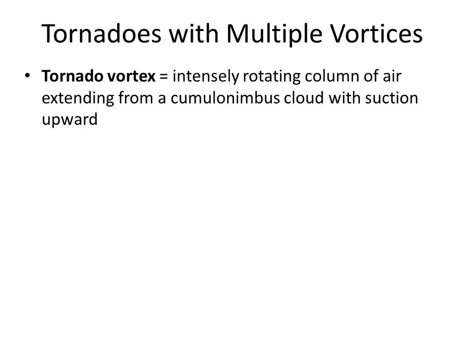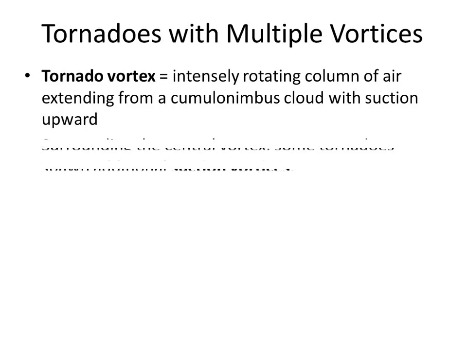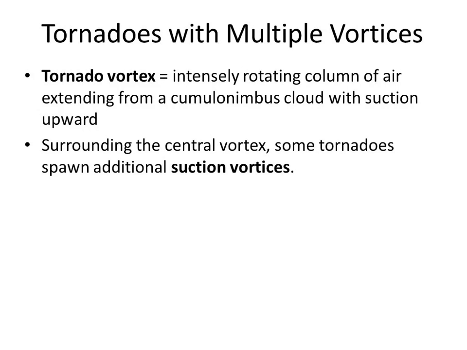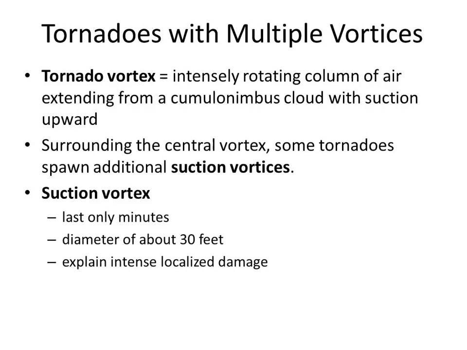And the video I'm going to show you here in a minute will show us that it's quite possible that with the same major tornado, you can have multiple ropey sort of sucky-uppy things called vortices, suction vortices. So you have your main tornado, and then you have this assortment of other stuff coming up.